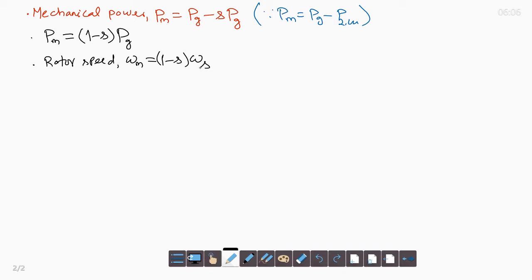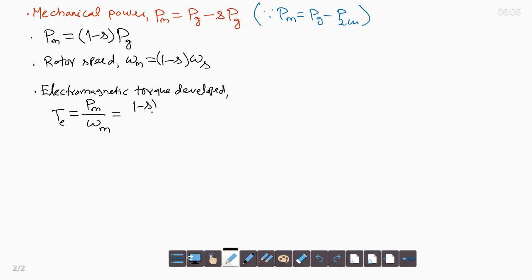So, the electromagnetic torque developed Te is mechanical power by rotor speed, Pm by omega m. Pm is 1 minus S times the air gap power and rotor speed is 1 minus S times omega s. So, this is Pg by omega s Newton meter.